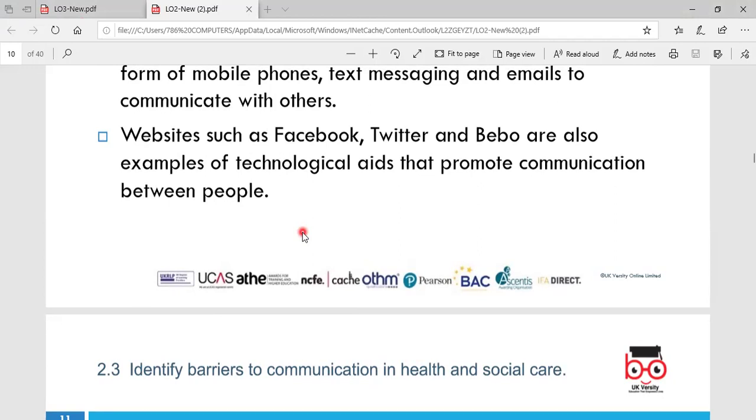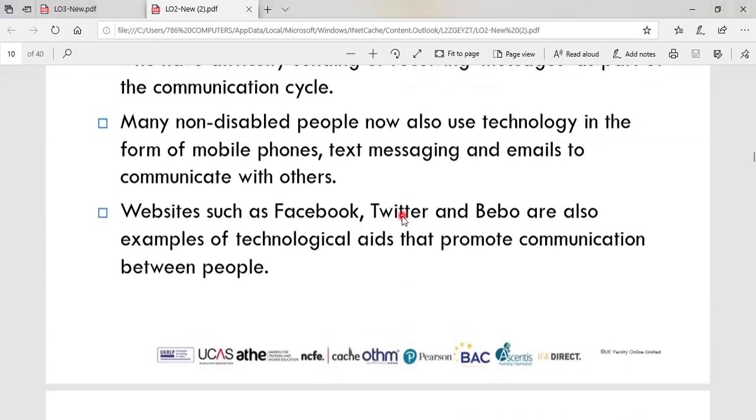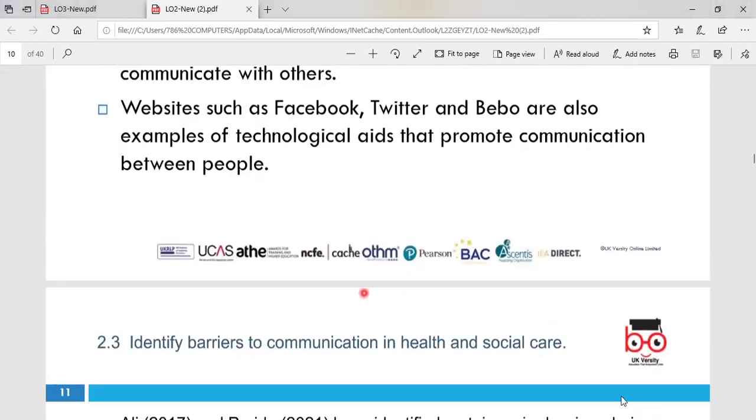Can everyone hear me? No, the network is bad. Yes, I can. So what are the barriers to communication in health and social care services? Any idea? Cultural background.